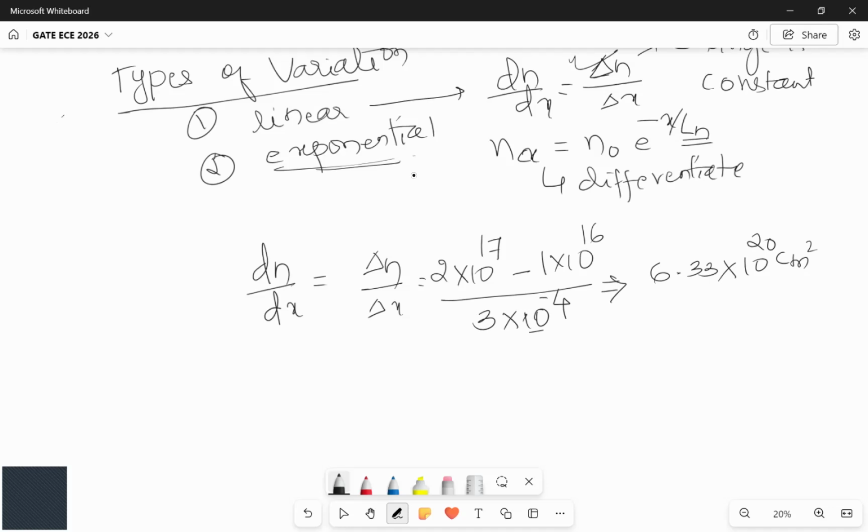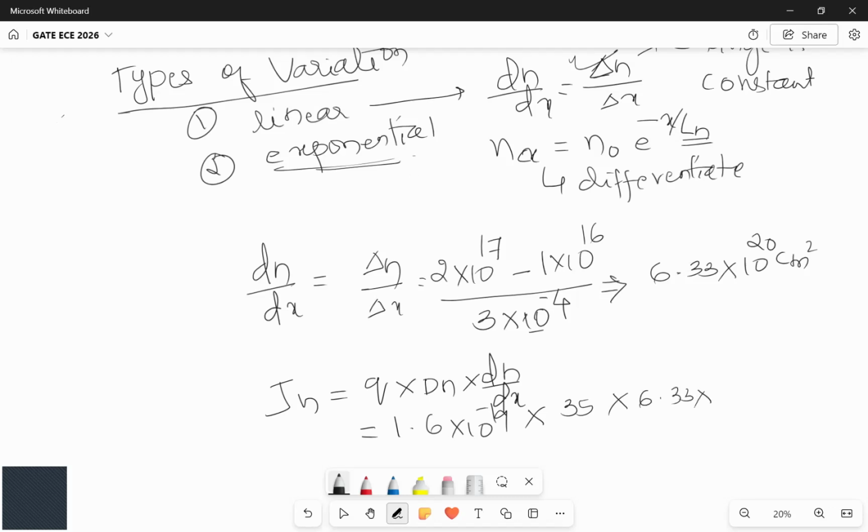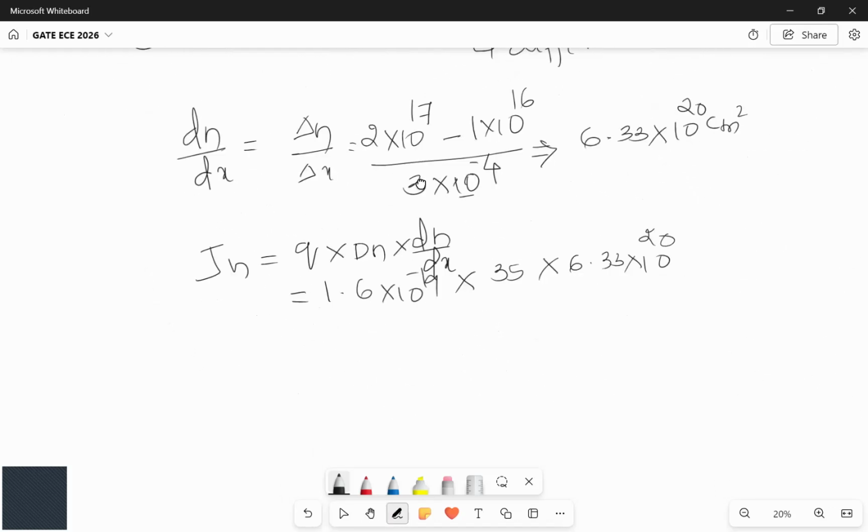Now we need to calculate the density of electron diffusion current, that is Q into Dn into dn by dx. We know Q is 1.6 into 10 raised to minus 19 coulombs, Dn we found out is 35, into 6.33 into 10 raised to 20.